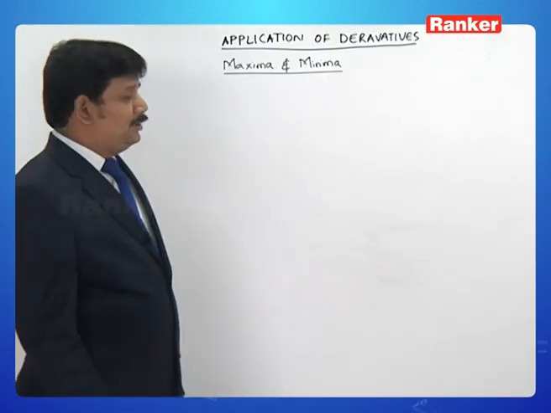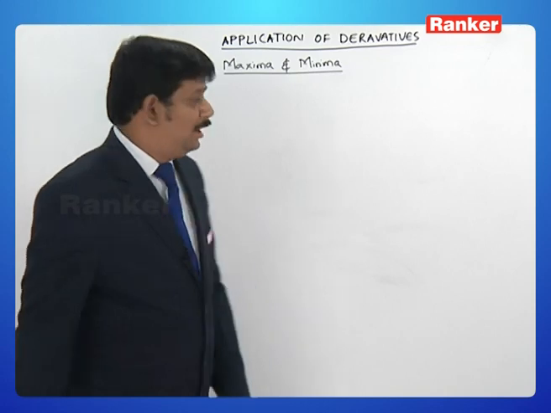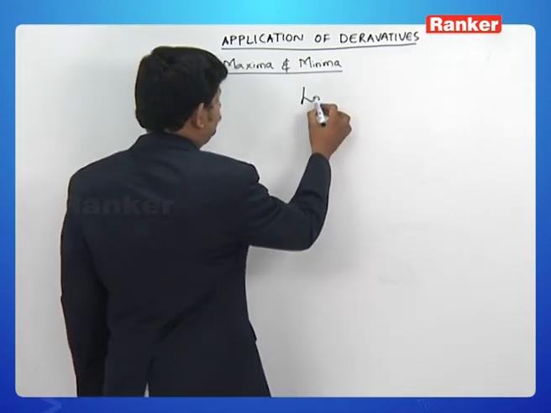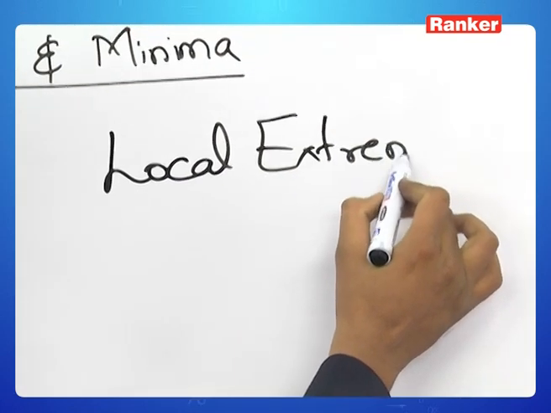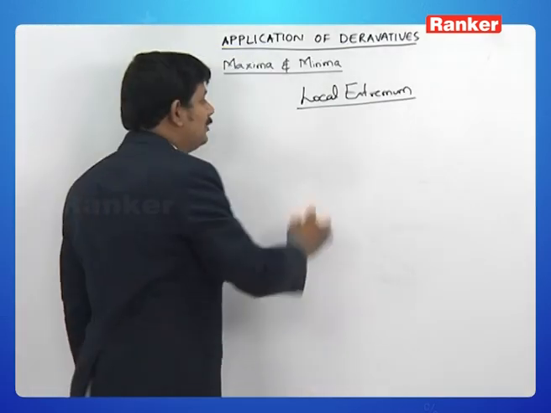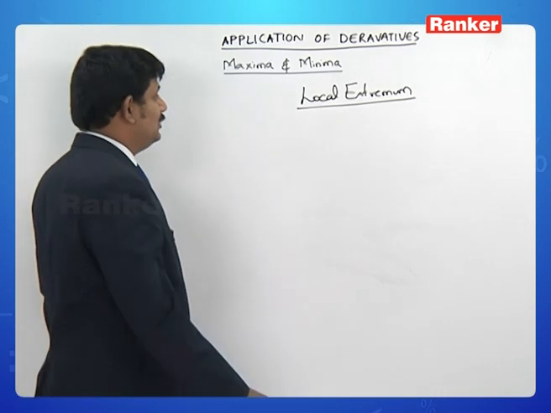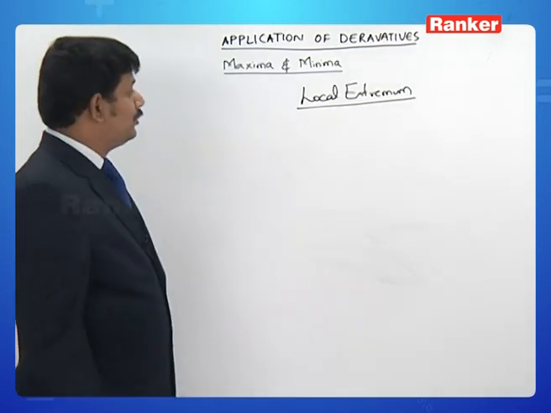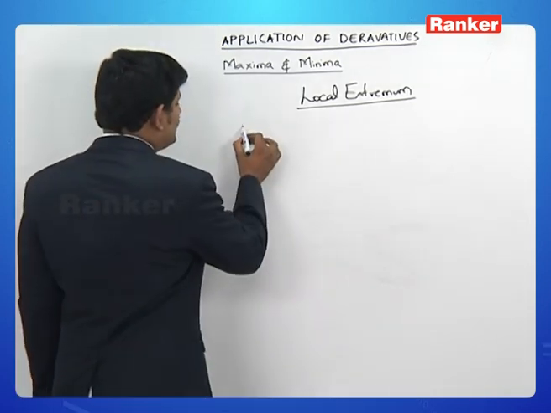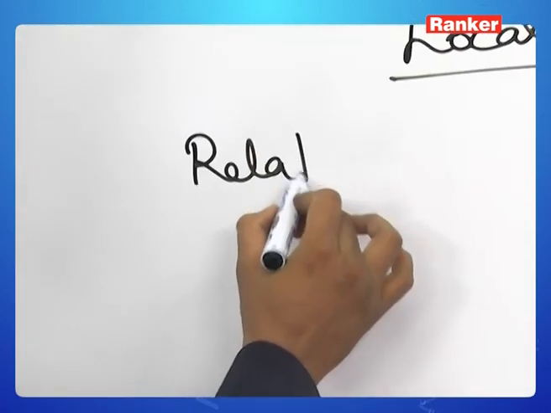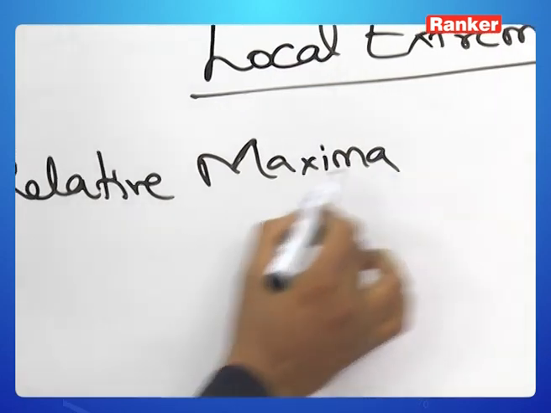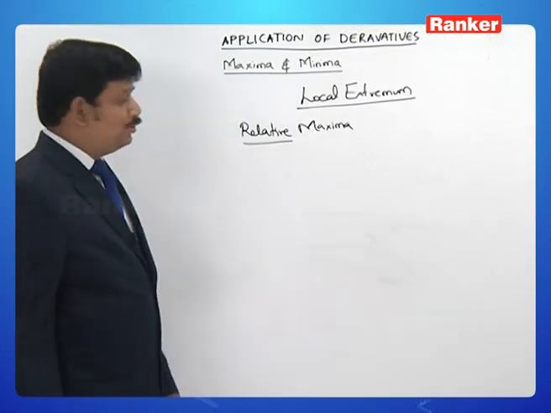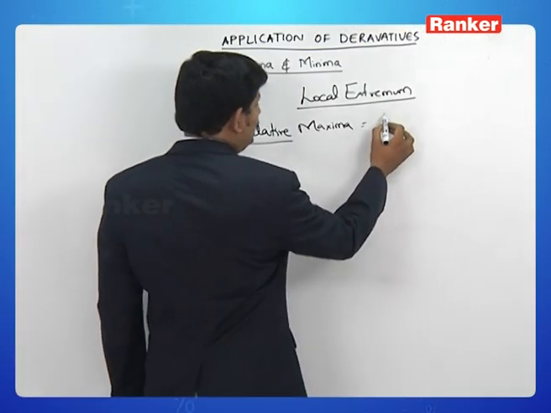The local minimum and local maximum together are called local extremum. Let us familiarize ourselves with all the terminology. Local maxima plus local minima together are called local extremum. Local maxima is also called relative maxima. Whether we say local maxima or relative maxima, it is one and the same.